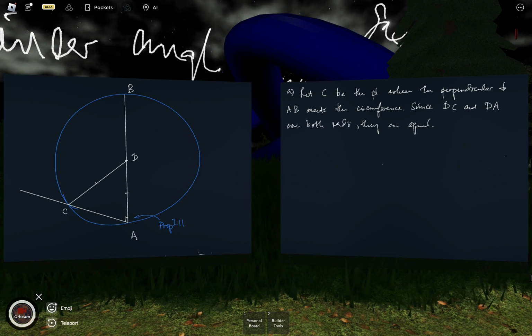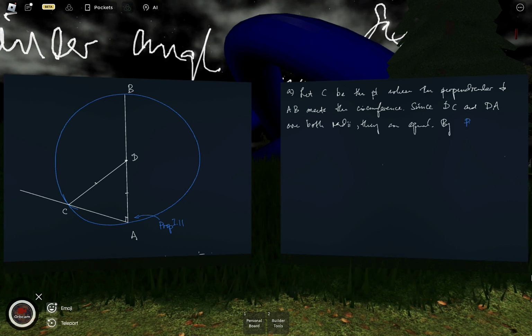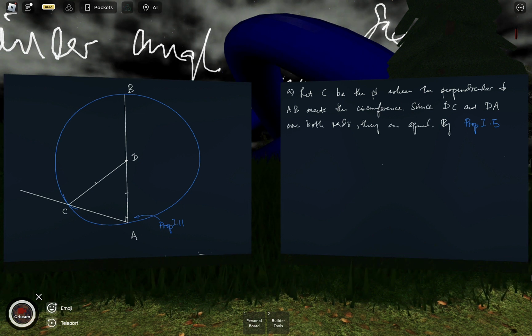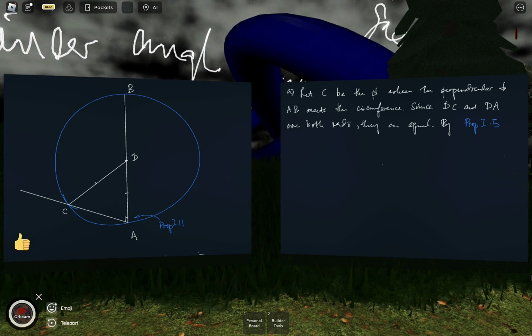Proposition 1.5 says that the two angles at the base of this isosceles triangle are equal, and our construction actually tells us that they are both right angles, which is where we get our contradiction.